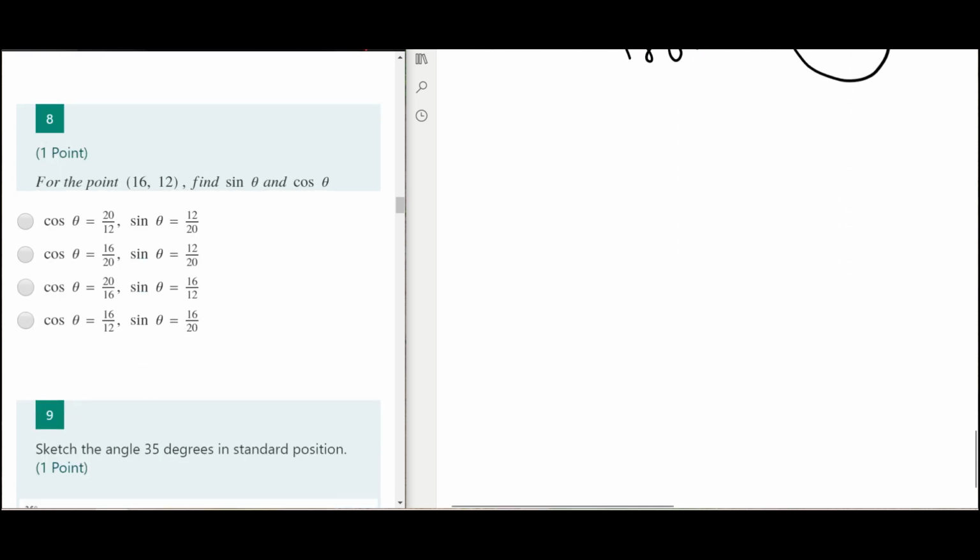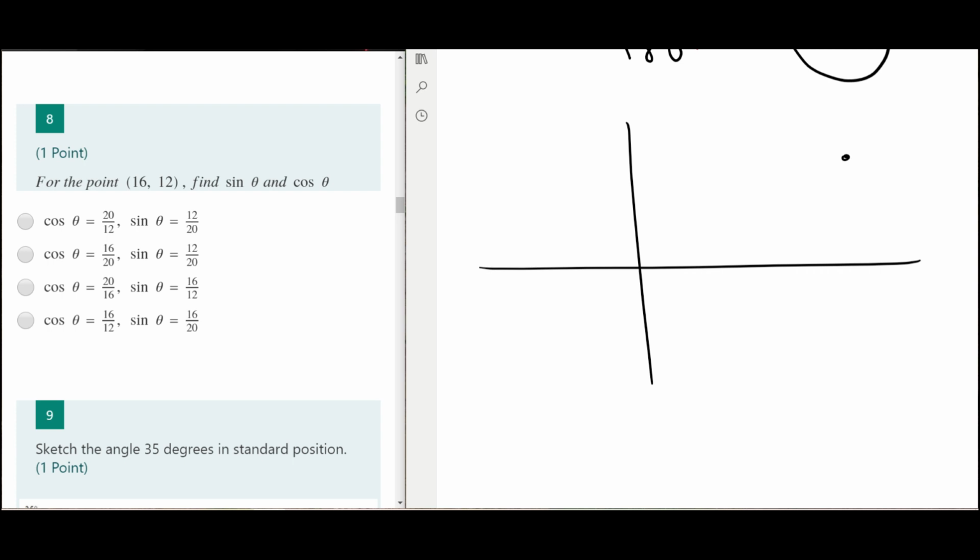All right, so now for the point 16, 12, find sine and cosine. So we're just going to graph the point 16, 12. So this is 16, this is 12. All right, and I drew this just so that you can see that this forms a right triangle, right? So there's that hypotenuse that we were talking about.